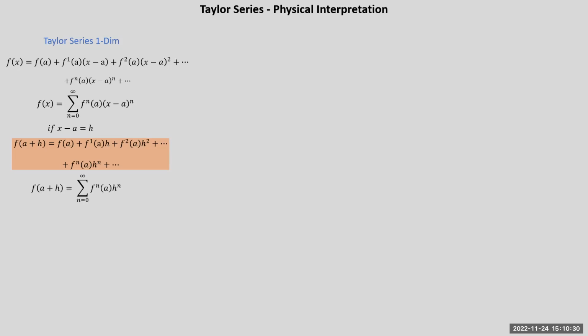This equation can be similarly expressed in a compact form using the summation sign, same as the previous equation, that is f of a plus h is equal to summation n varying from 0 to infinity of fna into h raised to n. So it's a very simple expression, though initially Taylor series sounds intimidating.